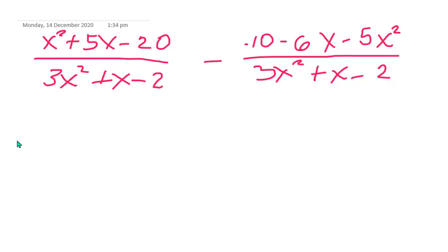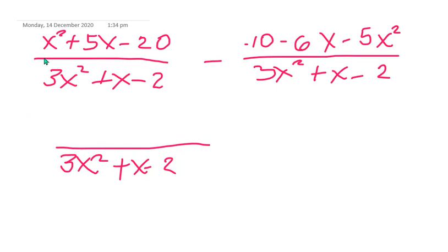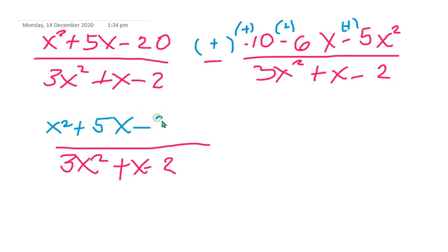Okay, now since again the denominator is the same, we will copy the denominator, which is 3x squared plus x minus 2. And then we are going to change the operation now. This is now positive. This is positive. This is positive. This is positive. Then we copy here x squared plus 5x minus 20.